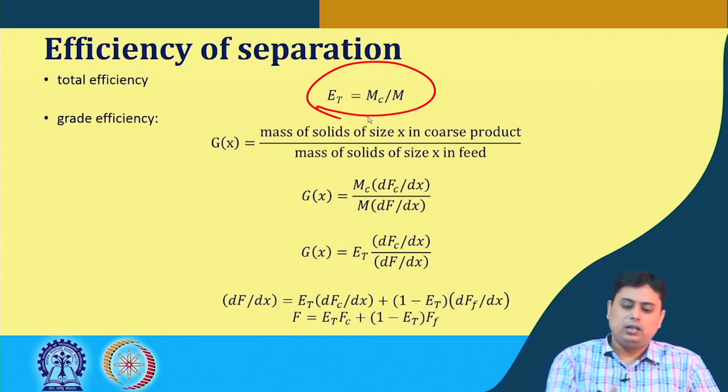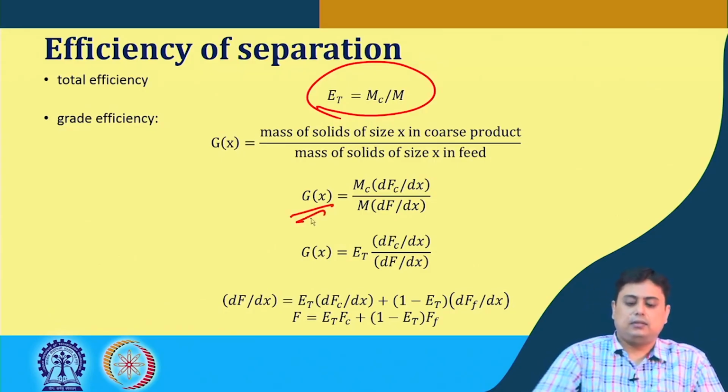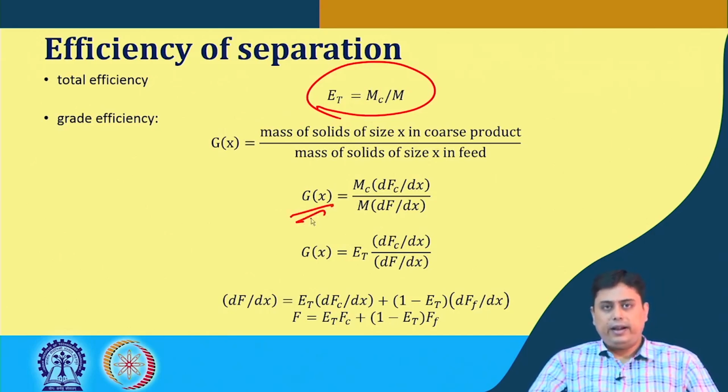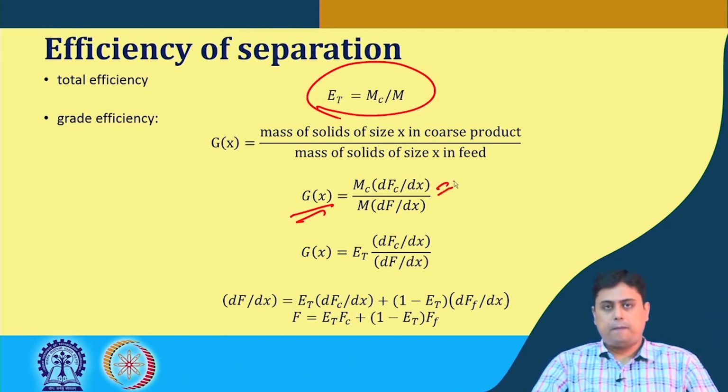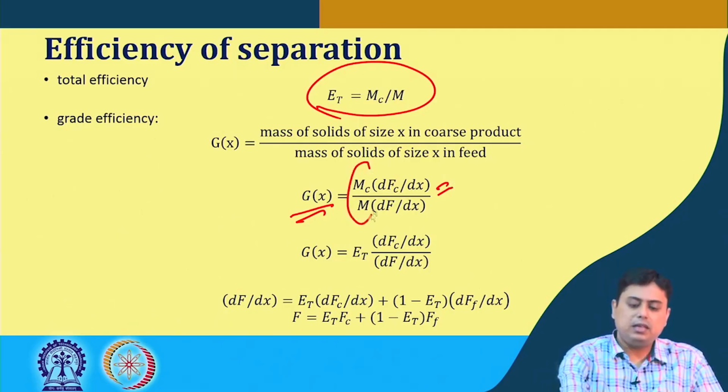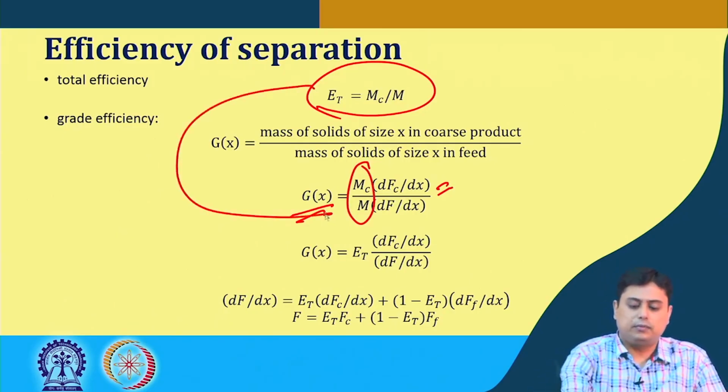By this definition, this Gx, the grade efficiency, can be written in this form. And again we have seen that MC by M is basically the total efficiency.